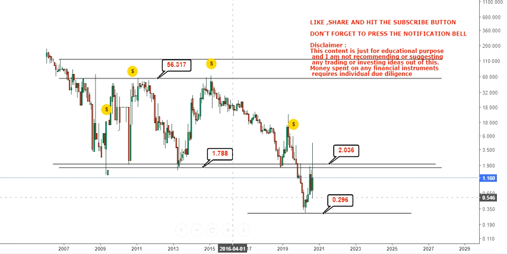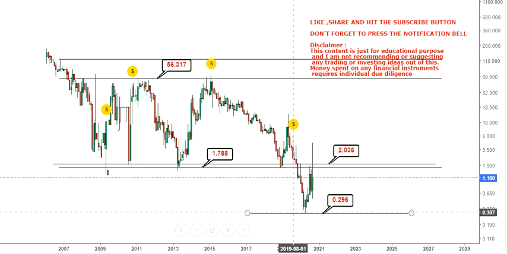So this is what you can see. Now the new, or current, range for this stock is 0.29 on the downside, and we have a resistance at $2.03, or in between 1.78 to $2.03 on the upside.